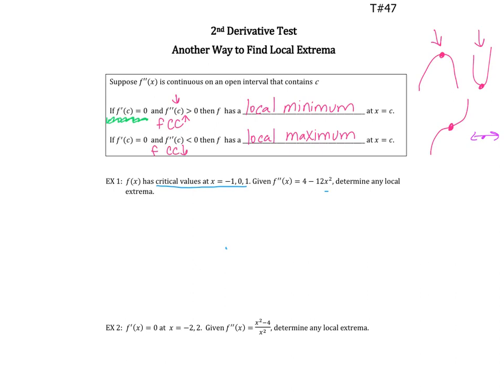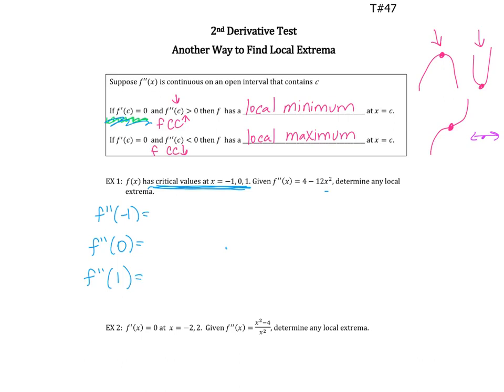So the first part of this statement is true. At all these values, the first derivative is 0. So all I have to do is evaluate the second derivative at all those points. It doesn't matter the order that you do it in. I just went in the same order as they were listed.